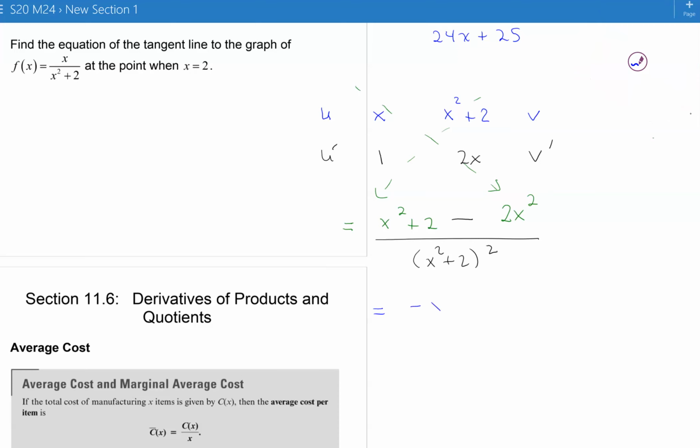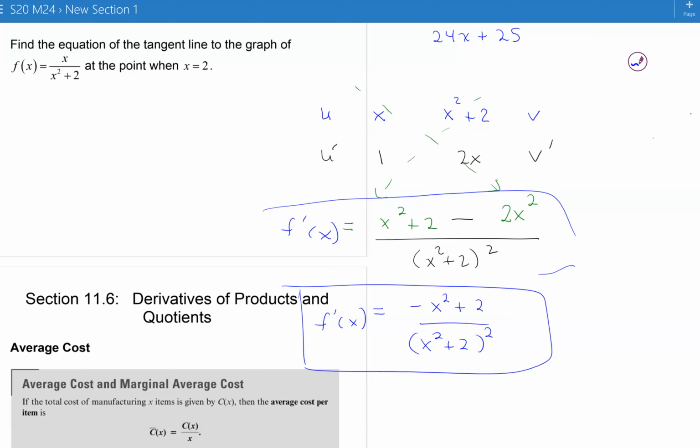So that's going to be negative x squared plus 2 over x squared plus 2 squared, and that is f prime of x. So it should be labeled up here too. Here is our answer. So that's our derivative at any point.